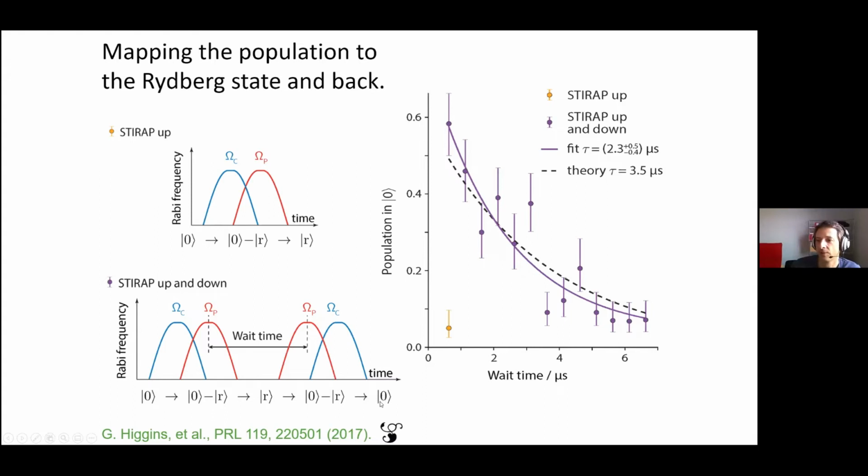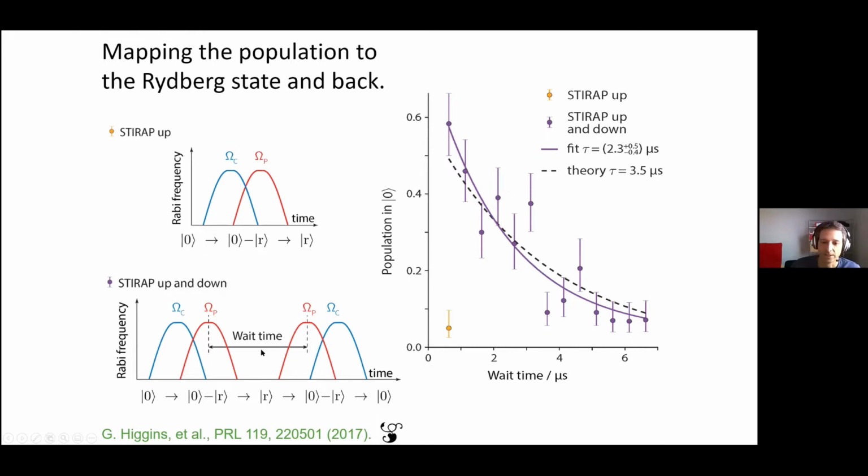Of course, everything that has spontaneous decay in between, we will not be able to return. But we see here that we can return 60% of the population back to the ground state, even after something like almost a microsecond. So quite a lot of population actually ended up in the Rydberg state.